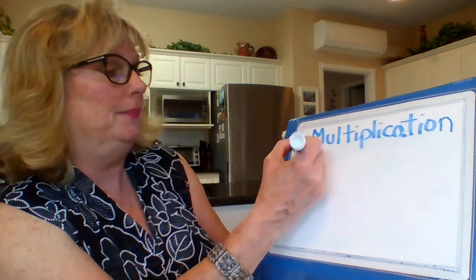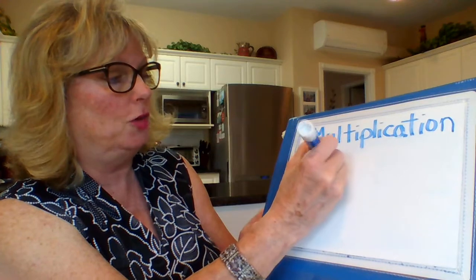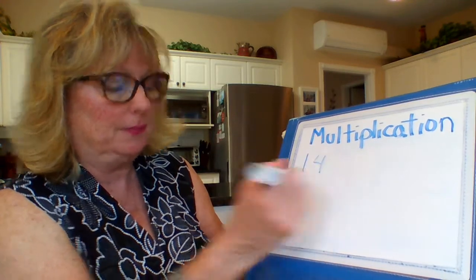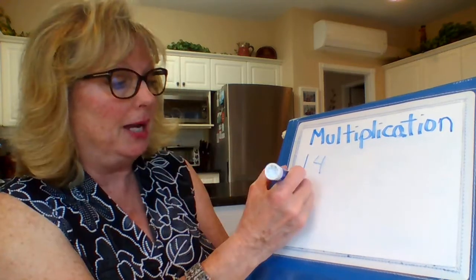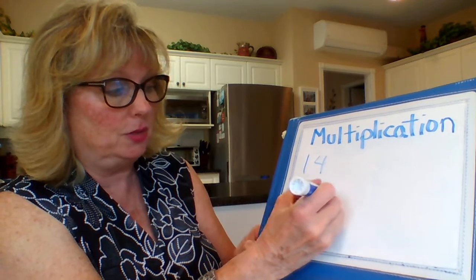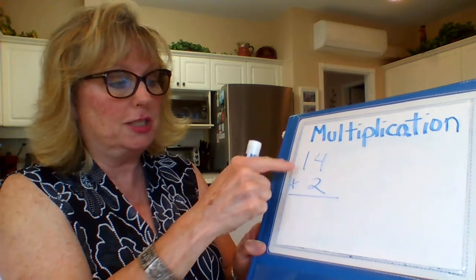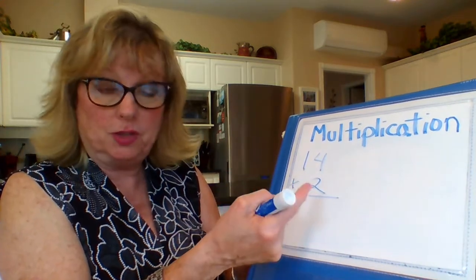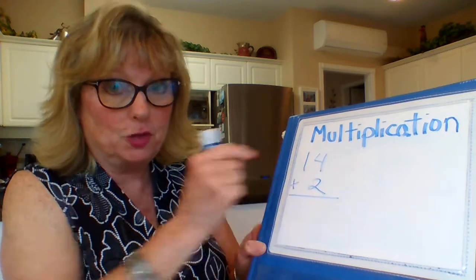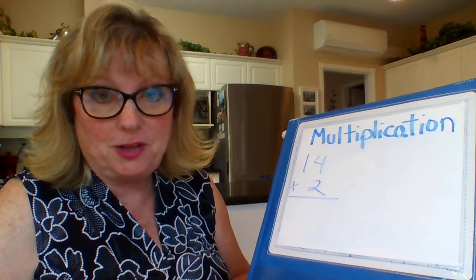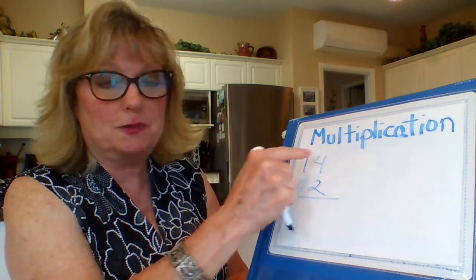Well, let's try this one. How about a 14, double digit 14, and I want to multiply it by 2 times 2. So 14 groups of 2, or reverse, 2 groups of 14. You already probably thought the answer now if you think 2 groups of 14.